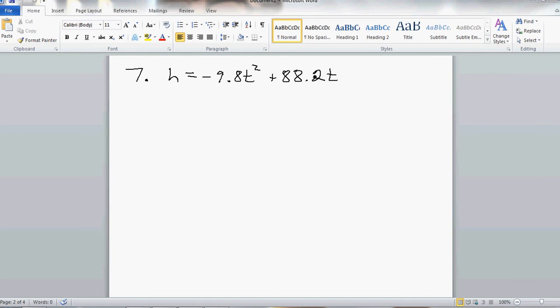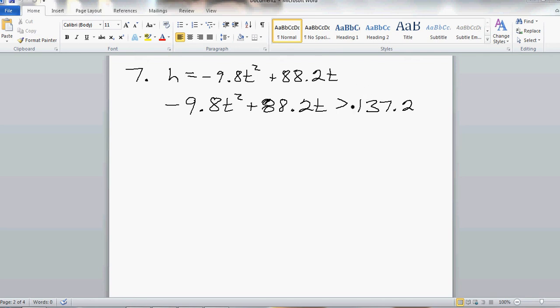During what interval of time will the rocket be higher than 137.2? Well, this represents the height, so we're asking this pretty simple question. When is this greater than, it says it has to be higher than 137.2 meters.